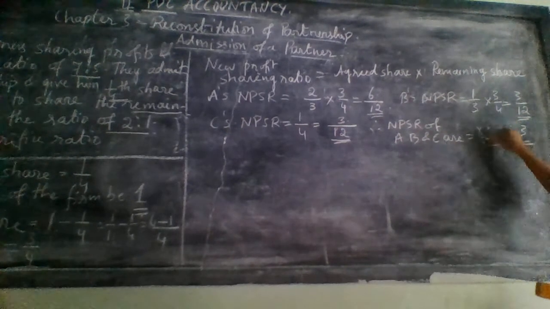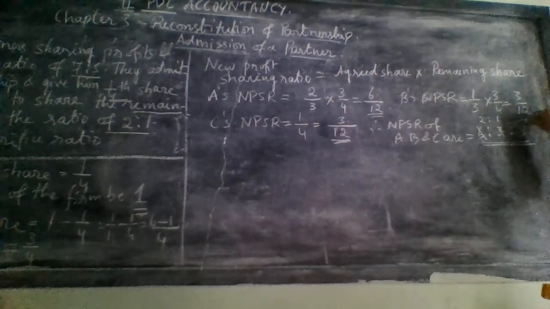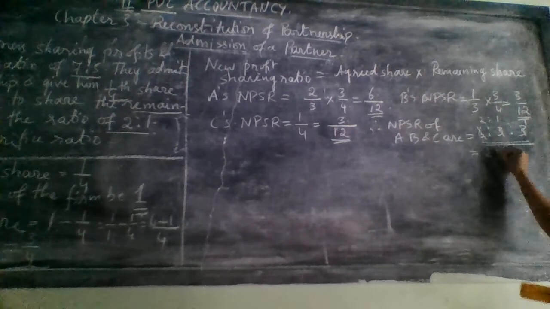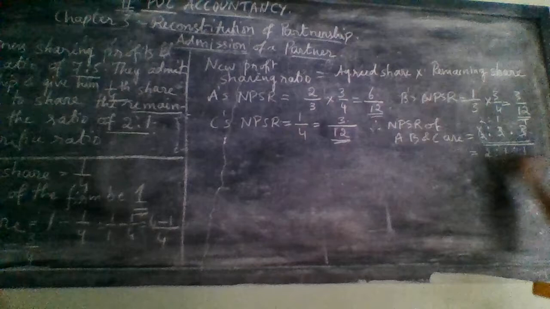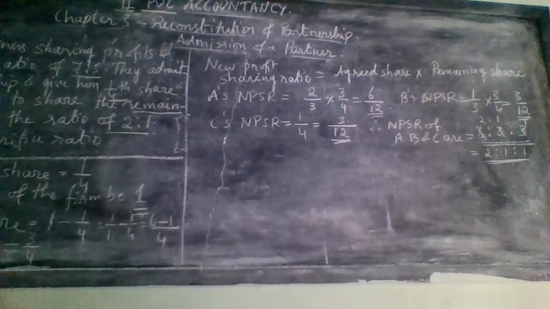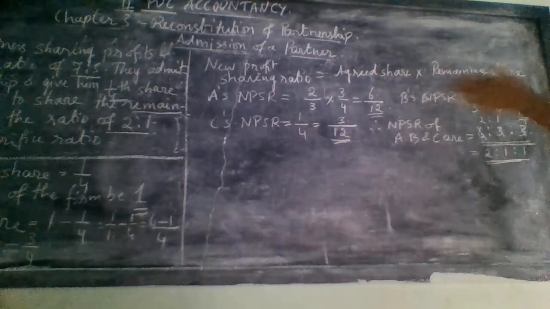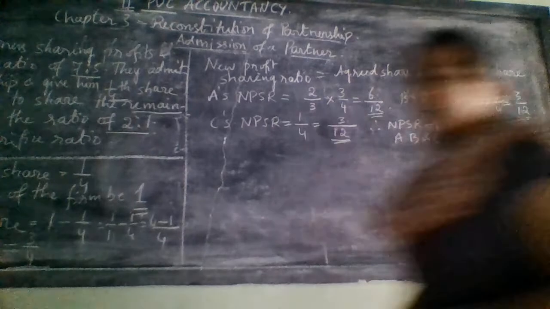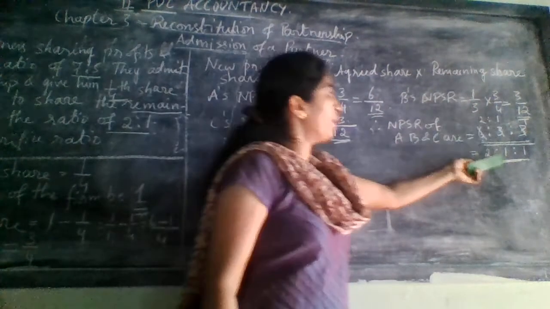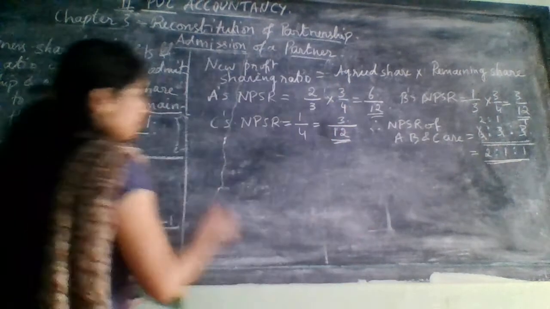That's why 3 2s are, 3 1s are, and this is also 3 1s are. So their new profit sharing ratio is 2 is to 1 is to 1. If you know how to do this, then do it, or else you can leave it like that and continue your problem. But if you know how to do the simplification, then you can do it and solve the problem.